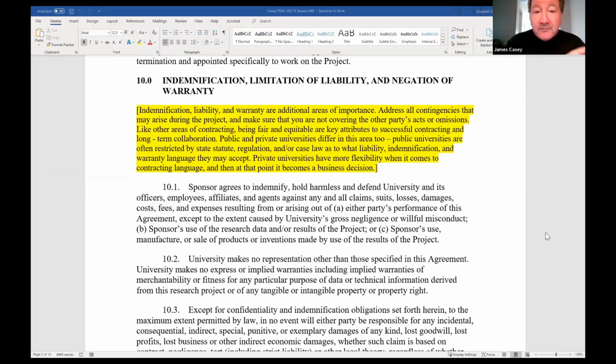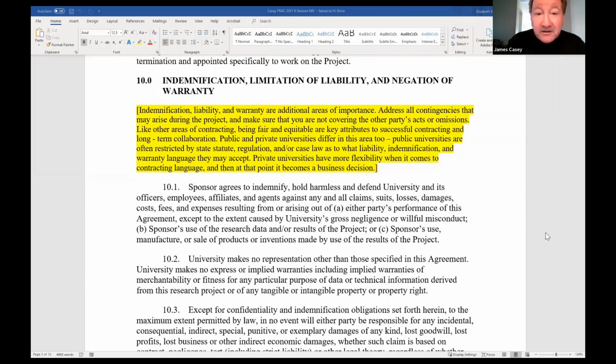Sometimes the Office of General Counsel is very hands-off with regard to the sponsored research office. Sometimes they are very involved, shall we say, in what the contract negotiators in the sponsored research office are doing. In some cases, I've heard of scenarios where the contract negotiators have to send the contracts to the Office of General Counsel for approval.